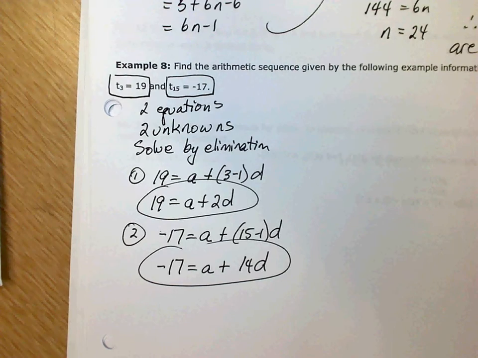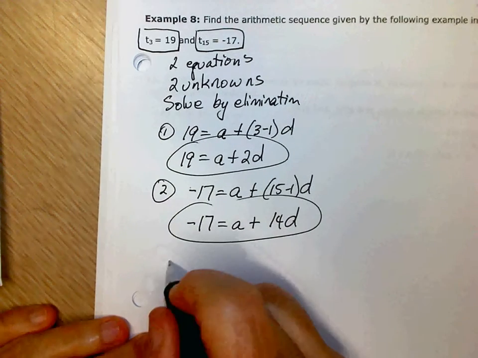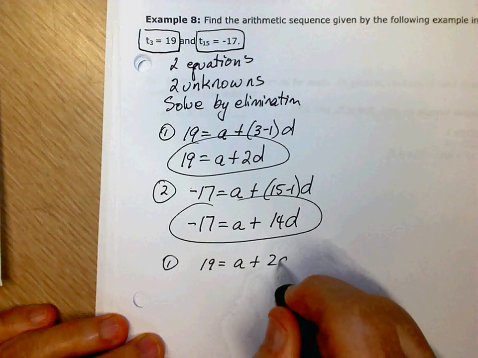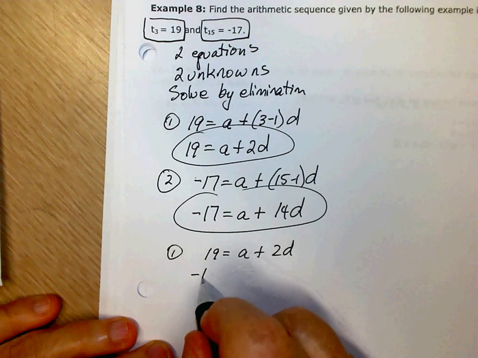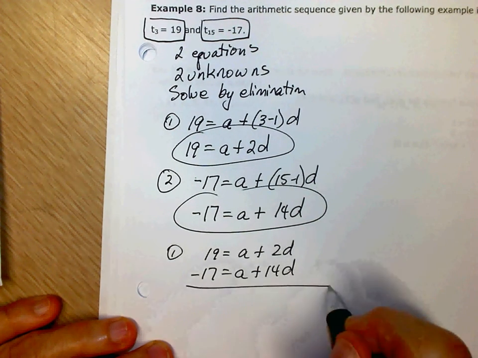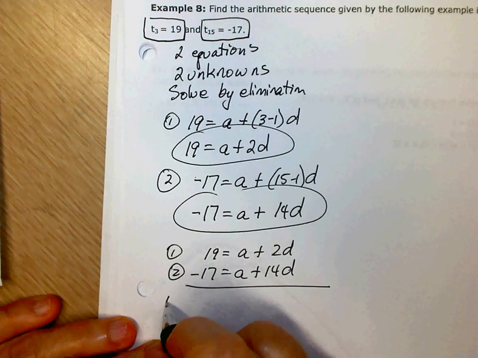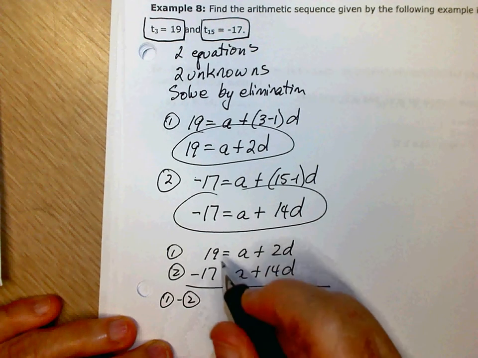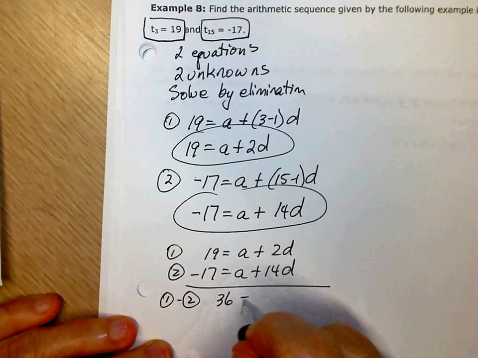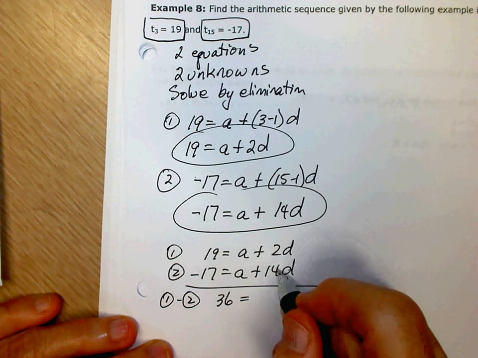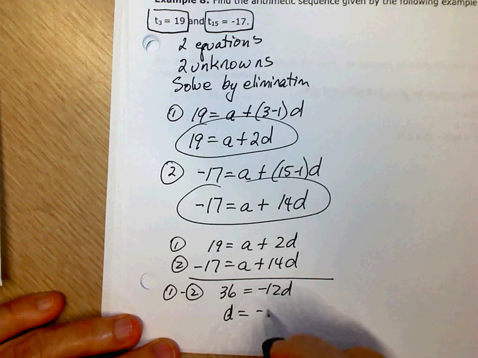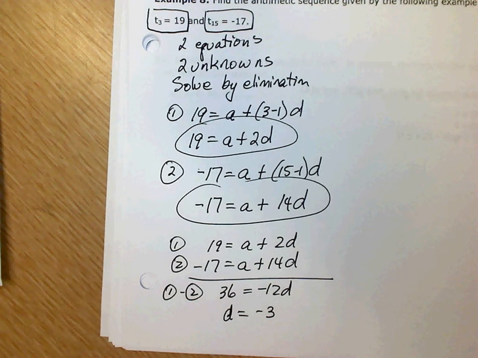All right, so we have equation 1: 19 equals A plus 2D. Equation 2: minus 17 equals A plus 14D. You can go 1 minus 2. 19 minus a negative 17 is 36, equals minus 12D. D equals negative 3.